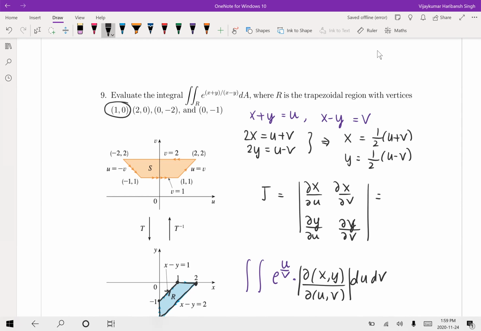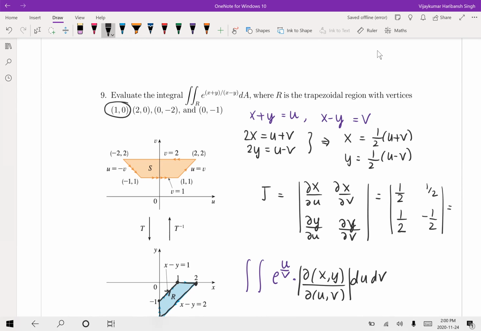The partial derivative of x with respect to u is half, and of y with respect to u is half again. Then the partial derivative of x with respect to v is half, and of y with respect to v is minus half.